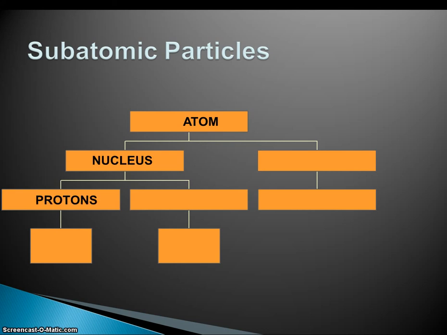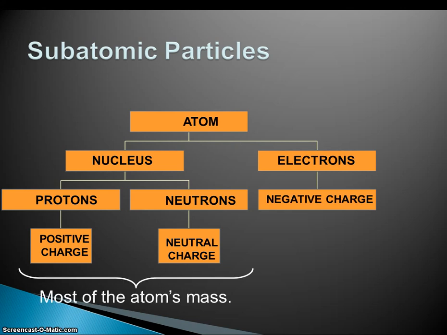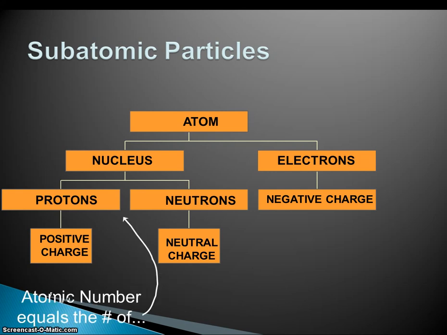Inside of the nucleus, we have protons, which are positively charged, and neutrons, which have no charge, or a neutral charge. The other area of the atom are the electrons, and these have a negative charge. Some other things to include is to note that the protons and neutrons contribute to most of the element's mass, or the atom's mass, and that the atomic number equals the number of protons.